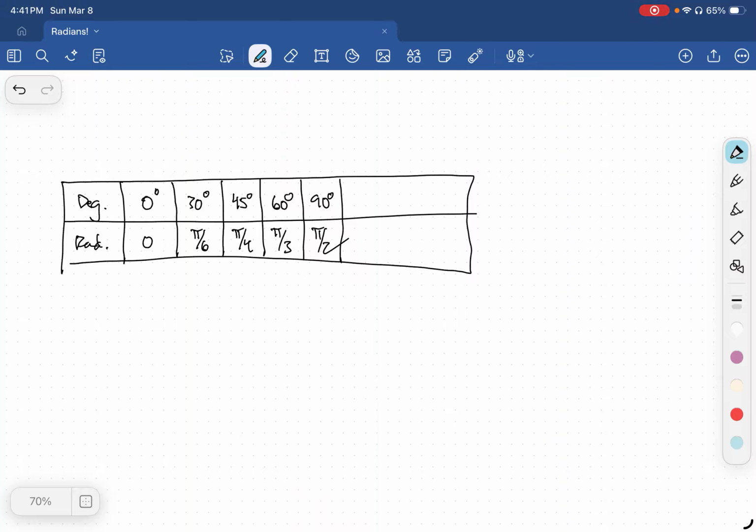And there are some others, but for now, maybe I will just put in 180 degrees, which is pi radians, and 360 degrees, which is 2 pi radians.